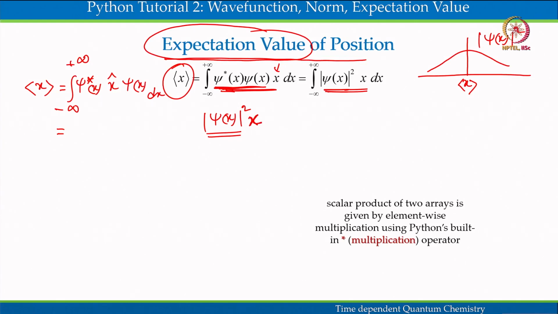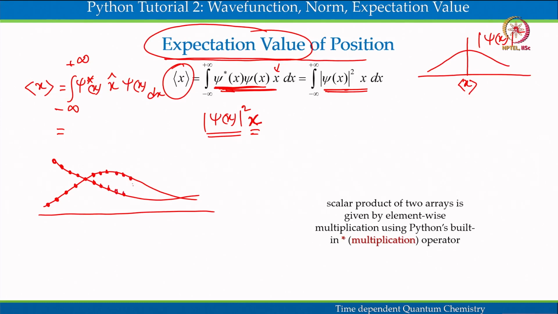Now, if we think about this, the probability density distribution looks like this, and x has its own function. Let us say this is the way x is working, and we multiply these two functions. In terms of a matrix, or discretized on a grid, it is nothing but multiplying each element.